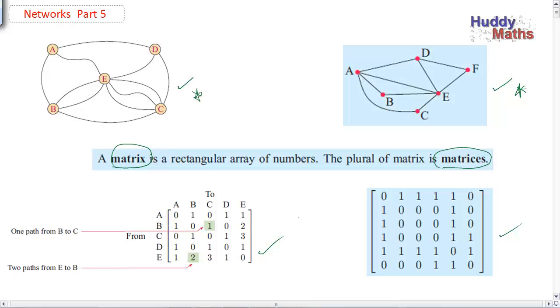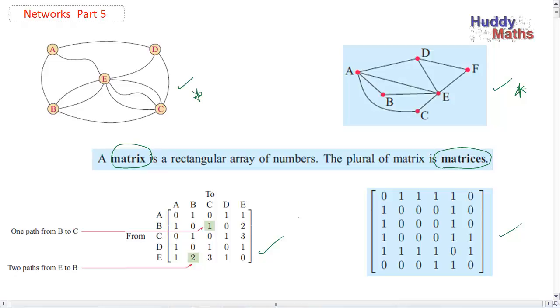But my question for you is, why would you not want to just keep drawing network diagrams? Why might it be neater to use these matrix forms? The clue to this is, you can use technology with the matrix form. Let's have a look in a minute and see what you think.